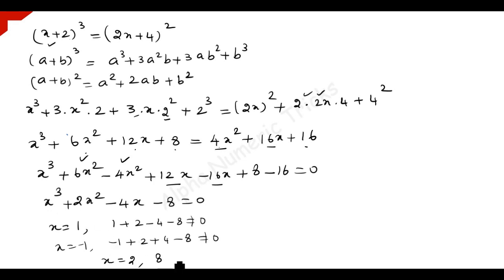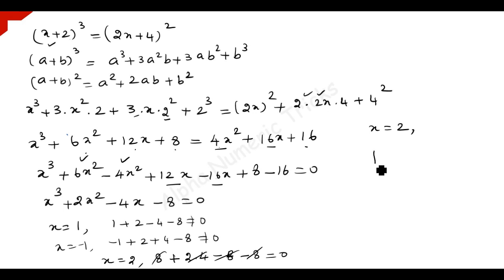So you have 2 cube is 8 plus 2 times 2 squared is 4, minus 4 times 2 is 8, minus 8. So plus 8 minus 8 get cancelled, which is equal to 0. So we say that x is equal to 2 is one root.